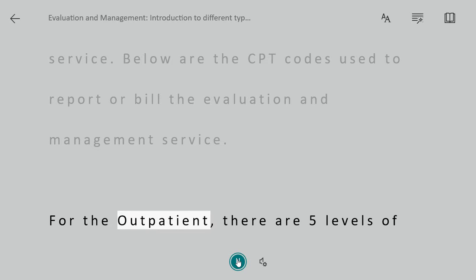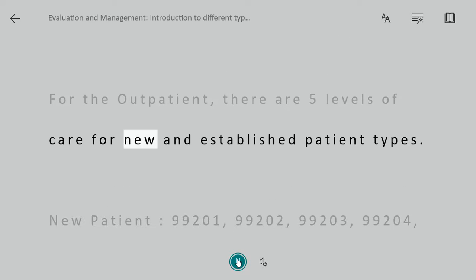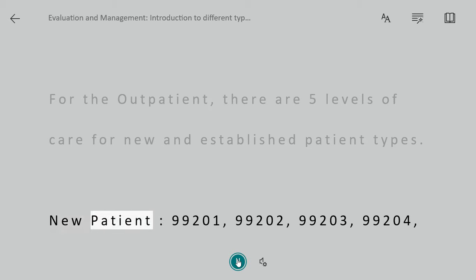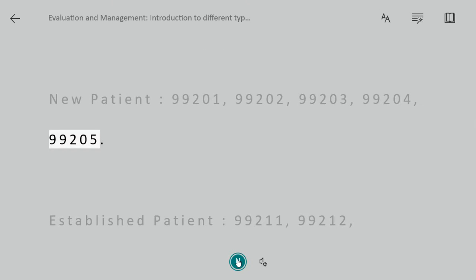For the outpatient, there are 5 levels of care for new and established patient types. New patient, 99201, 99202, 99203, 99204, 99205.